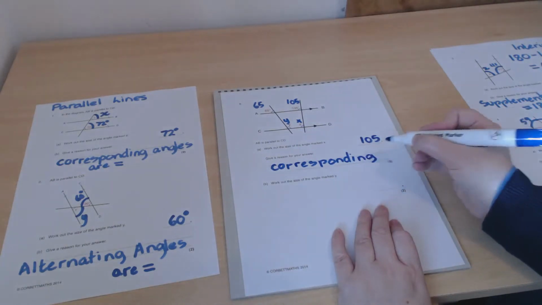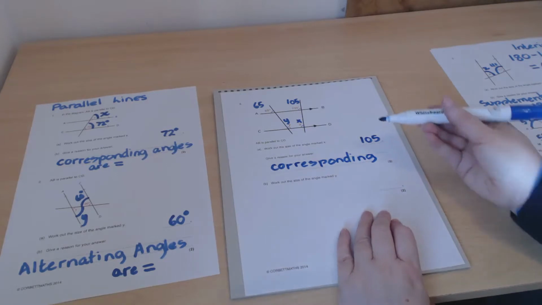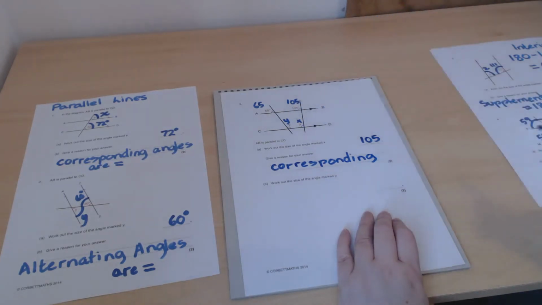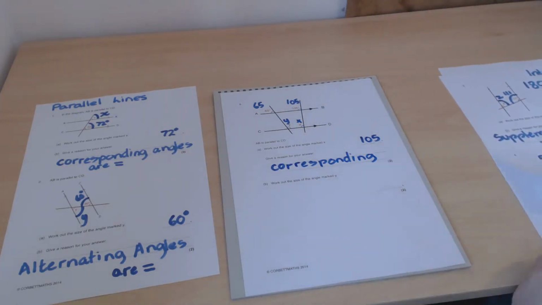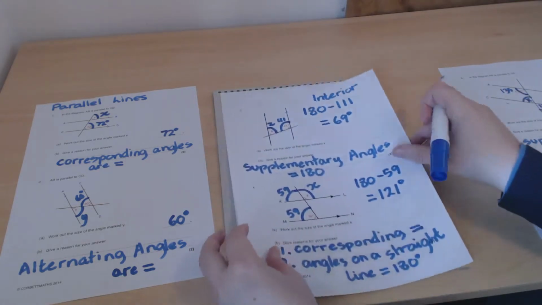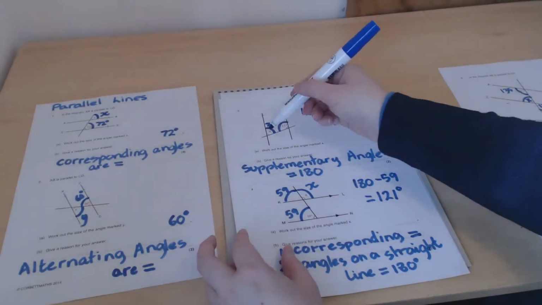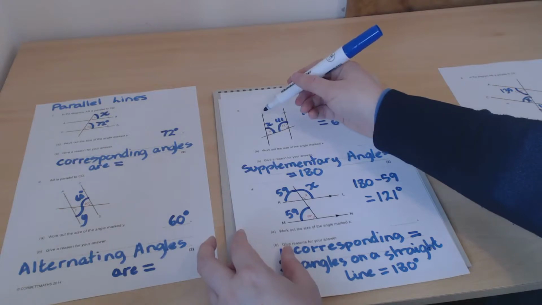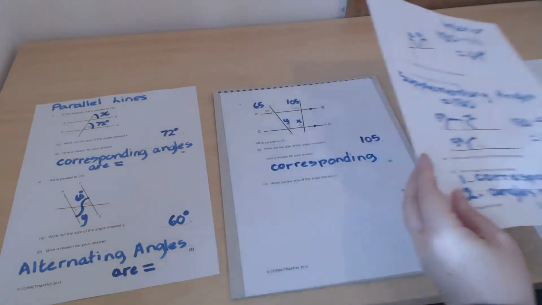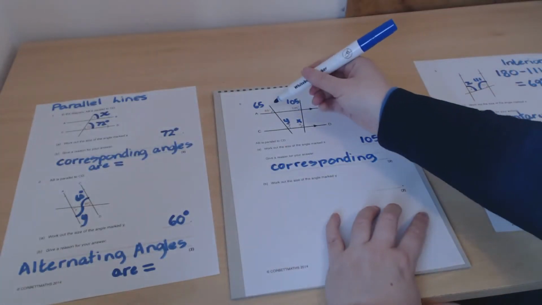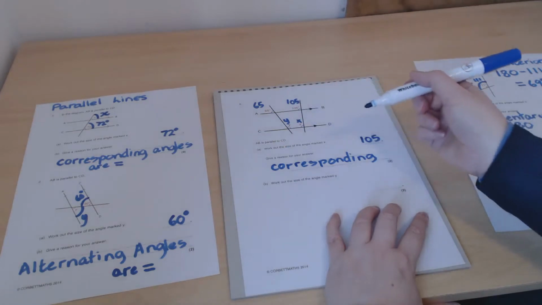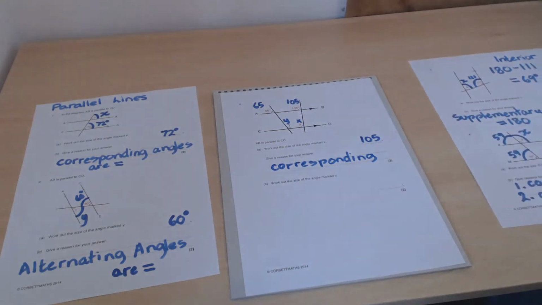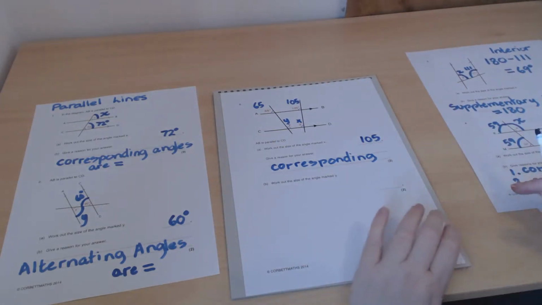So now we've got to work out what Y is. Now be careful, these two are not supplementary. Okay, try and show you this one with supplementary again. Look, these two are supplementary because they were between the parallel lines. These two are not between parallel lines, so that's not supplementary that we can use there.